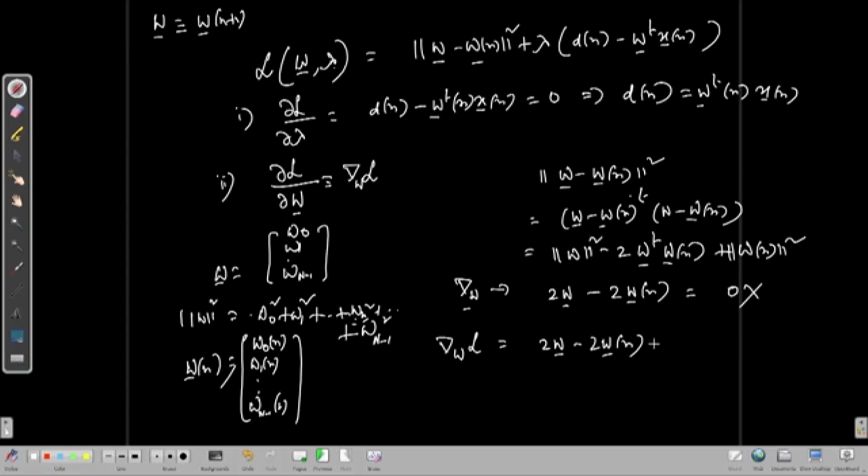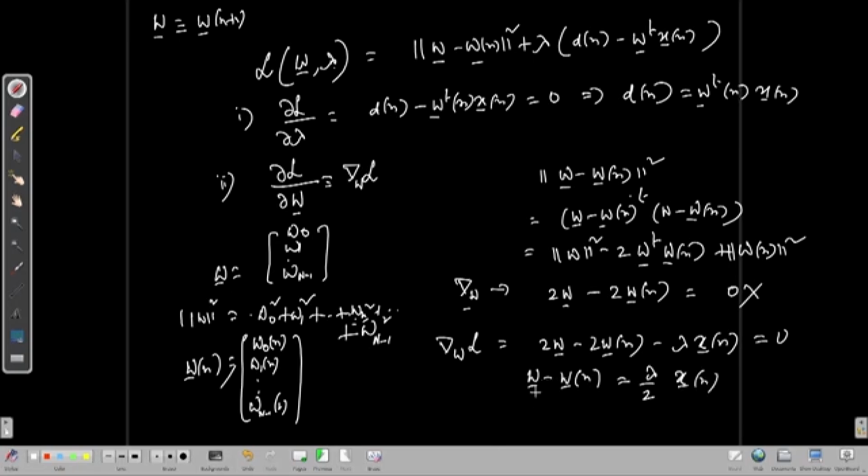So, minus lambda x n, and that is equal to 0. So, I take lambda x n on one side, and this W minus W n is lambda by 2 x n.